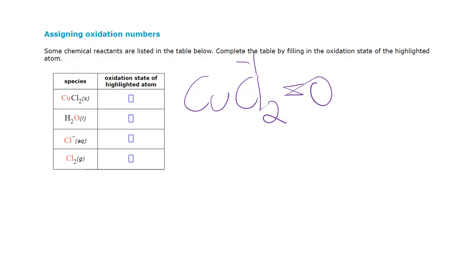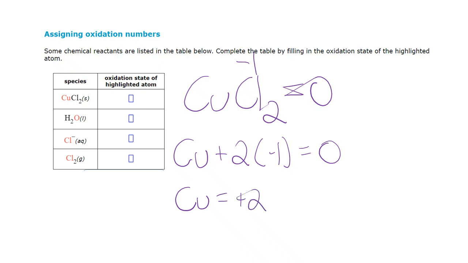We know chlorine is a -1, because it's in a compound, so it's not 0, and it's in group 17. So if we're to solve for copper here, we can go Cu plus 2 times -1 equals 0, or Cu equals +2.